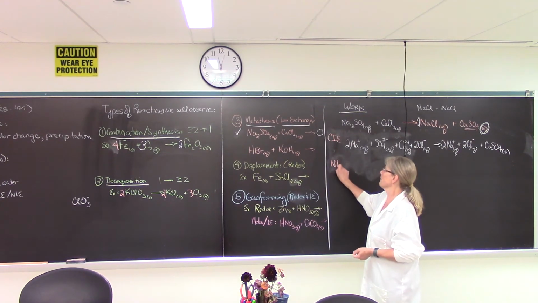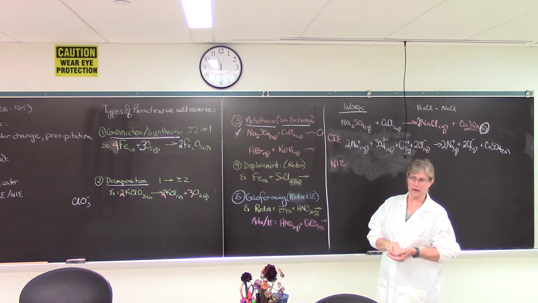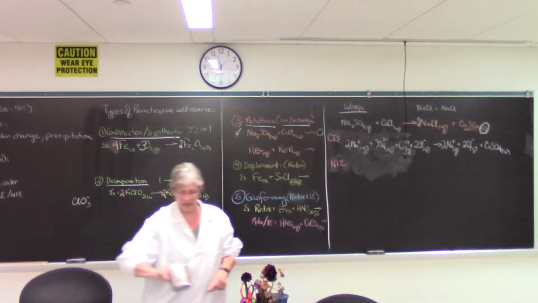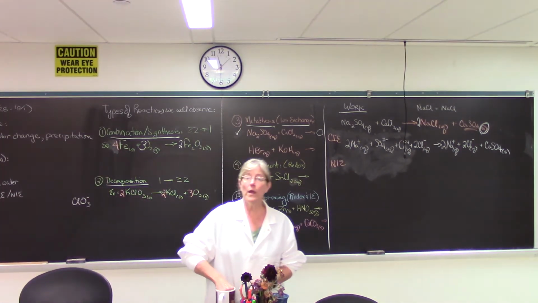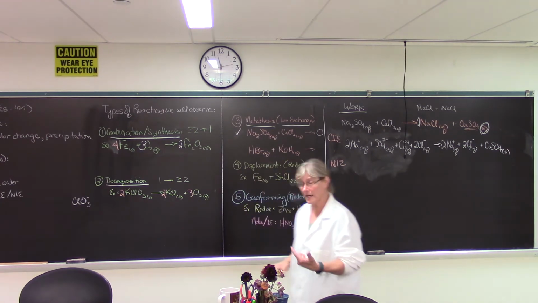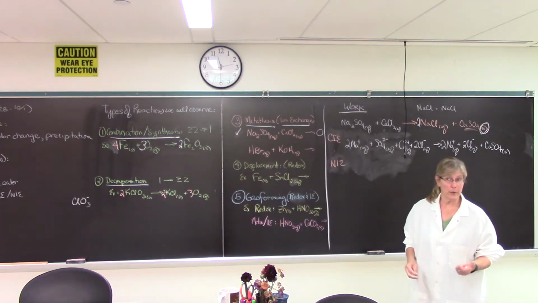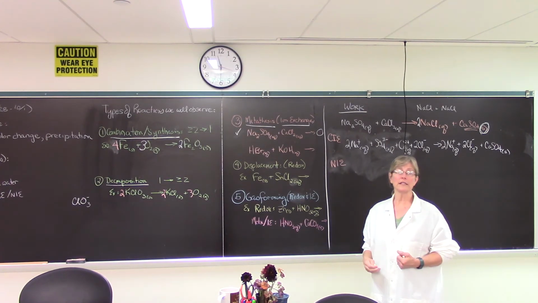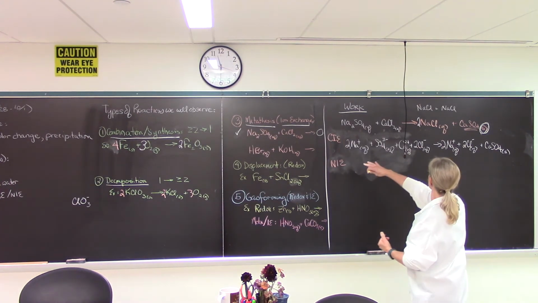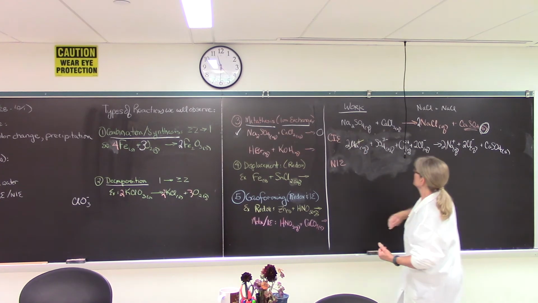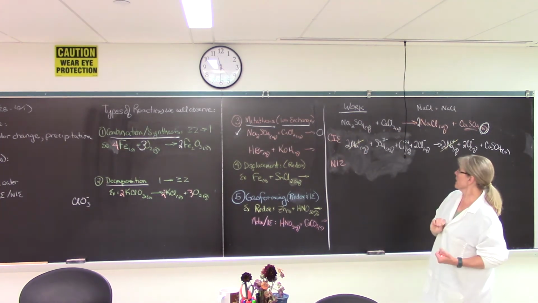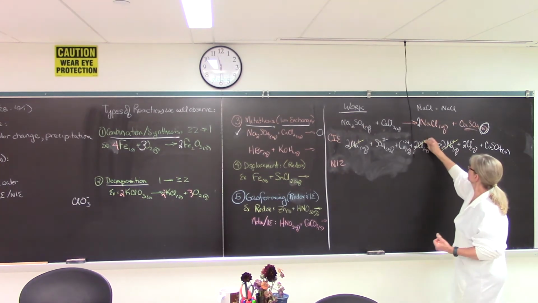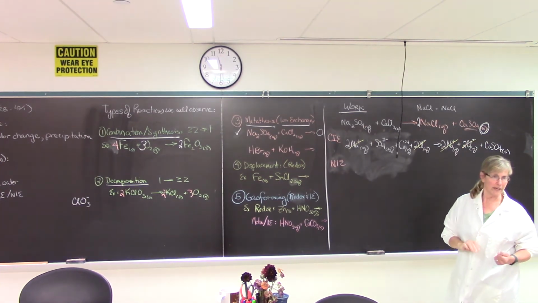Our next step is that we want to know our net ionic equation. In order to get our net ionic equation, we have to get rid of our spectator ions. Spectator ions, remember, are ions that don't participate in the reaction. They're the same on the reactant side and the product side. So let's see, here's one, sodium, gonna get rid of it. And here's one, chloride, gonna get rid of it.